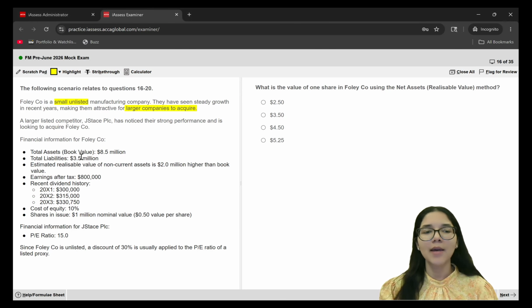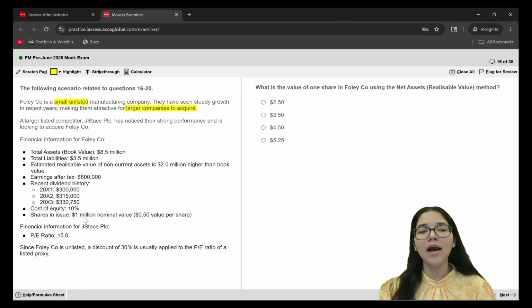The total assets, their book value is $8.5 million. Liabilities I know of. Estimated realizable value of non-current assets is $2.0 million, so basically $2 million higher than the book value. Earnings after tax are $800,000. Recent dividend history has been given to me. Cost of equity is given.